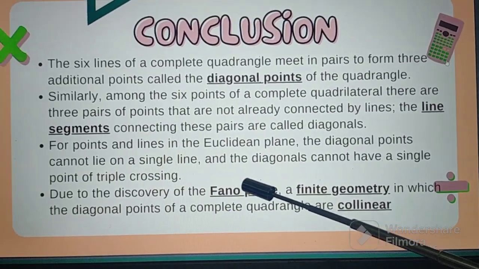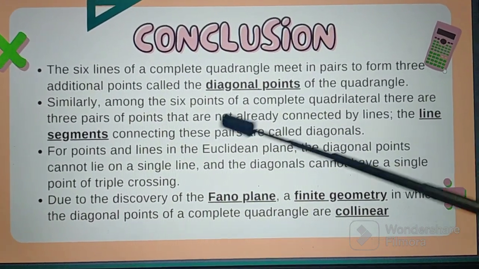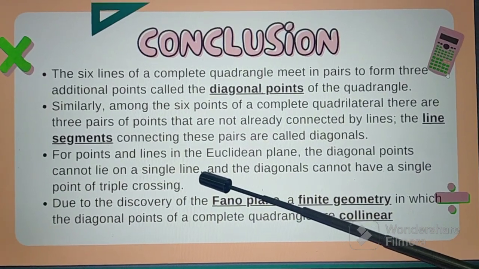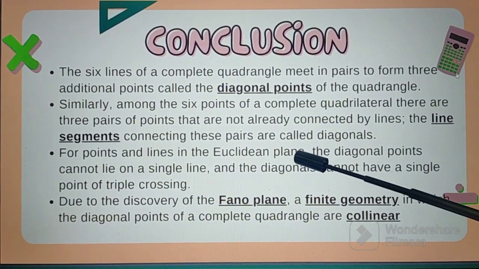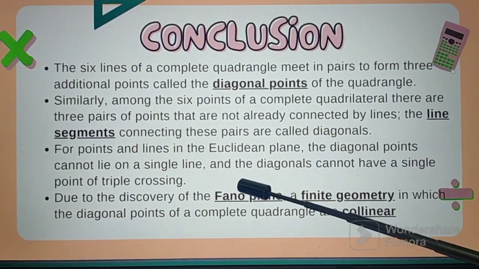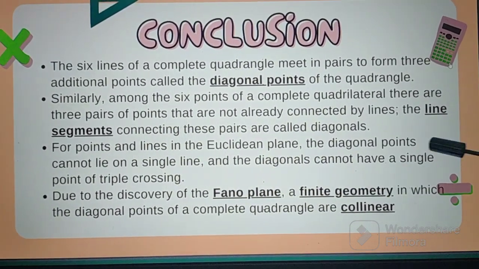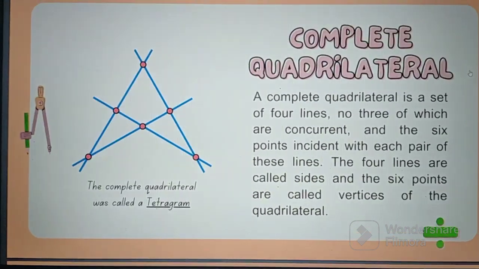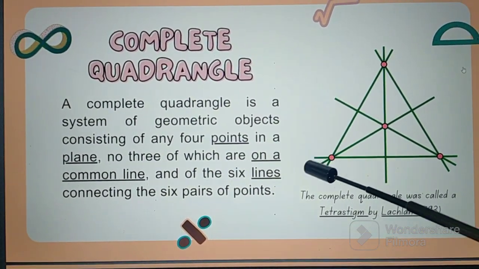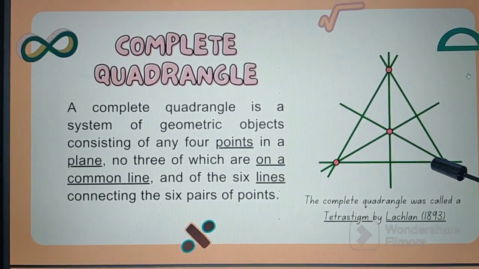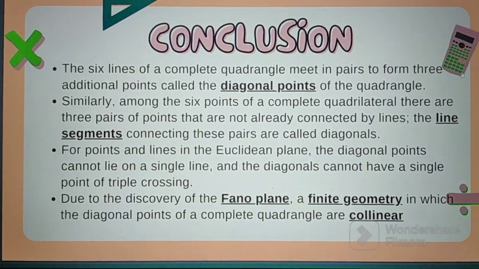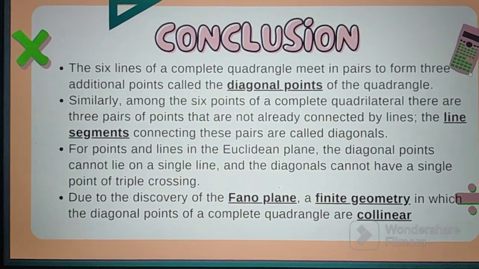In points and lines in a Euclidean plane, the diagonal points cannot lie on a single line. That is based on the Euclidean plane. Also, diagonals cannot have a single point of triple crossing, like this one. Based on the Euclidean plane, it does not exist.